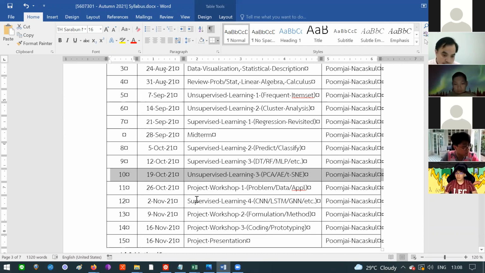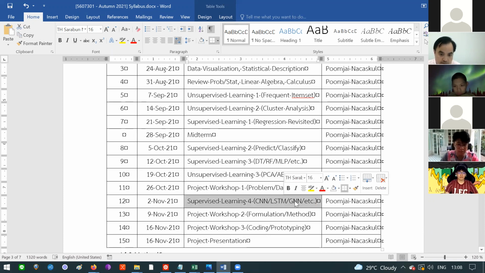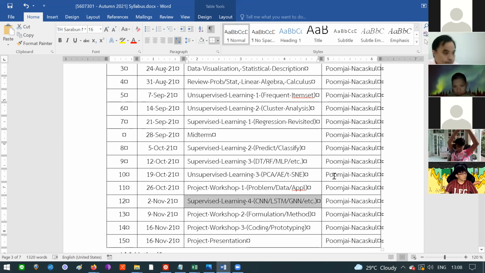There's another class on machine learning, I think two classes down, that covers things like LSTM and GNN. These are more like architectures that deal with, let's say, more specialized problems. CNN, for example, is used for visual recognition, so looking at pictures or video frames.